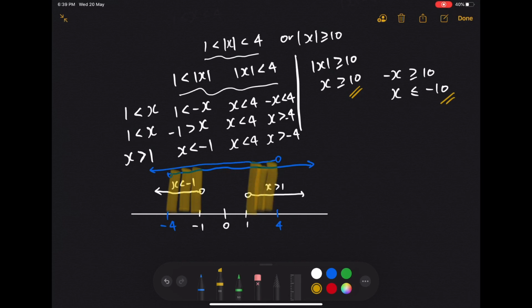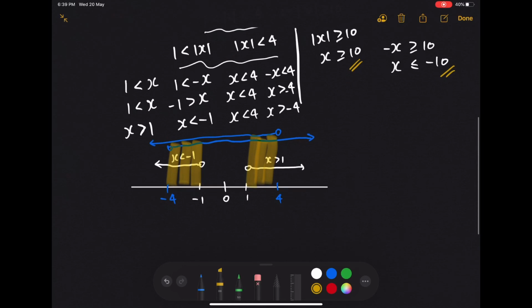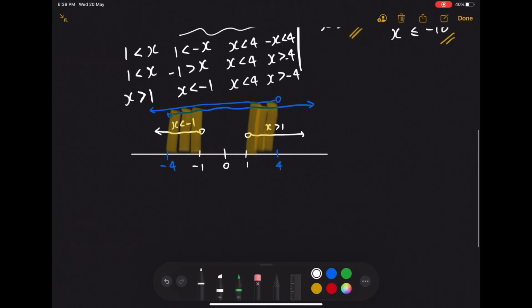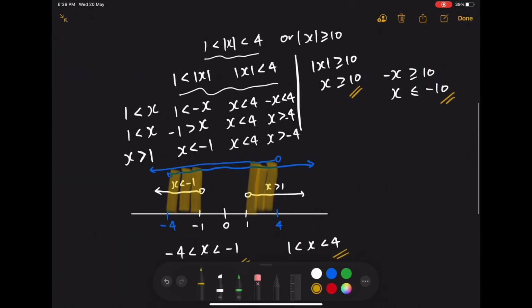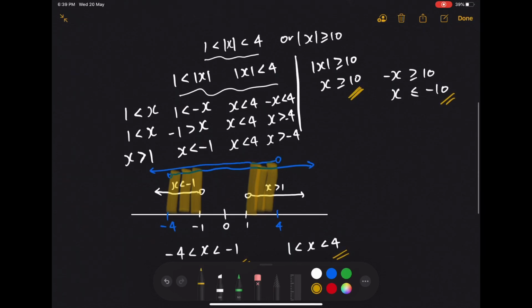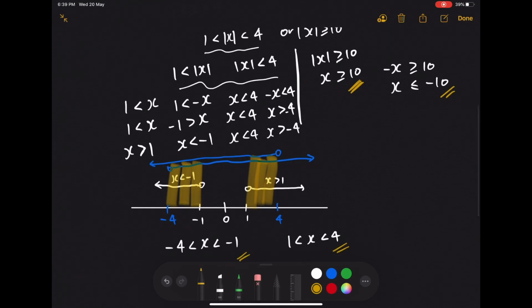Once you get that, all we need to do is write down the final inequality for our x to be -4 to -1. The other range will be 1 to 4. So your answer will be these two, and we have our x to be more than or equal to 10 and less than or equal to -10.